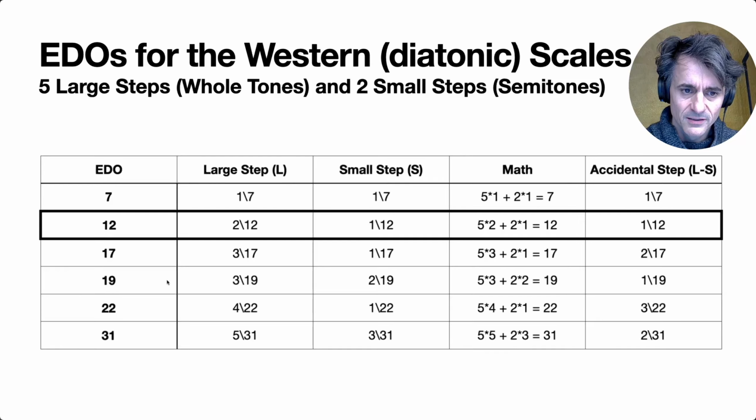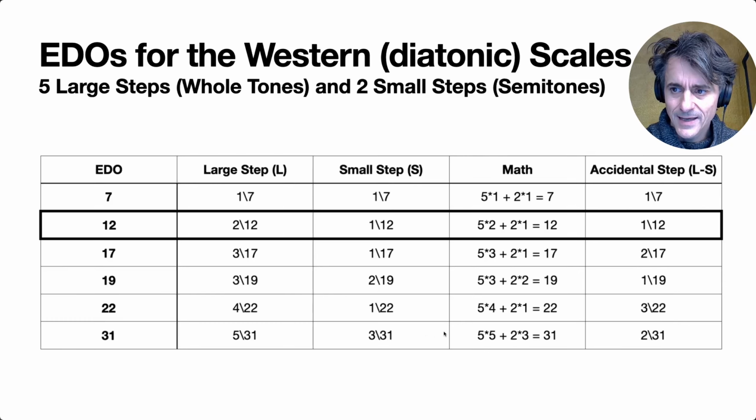Similarly with 19 EDO, you have 3 and 2 divisions for the large step and the small step respectively. You have 22 EDO where it's 4 and 1, and 31 EDO where it's 5 and 3.